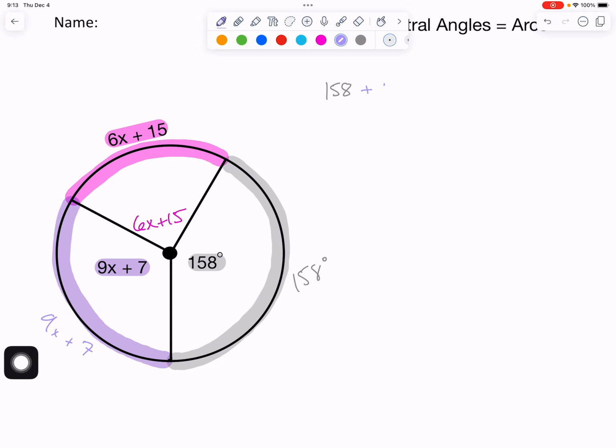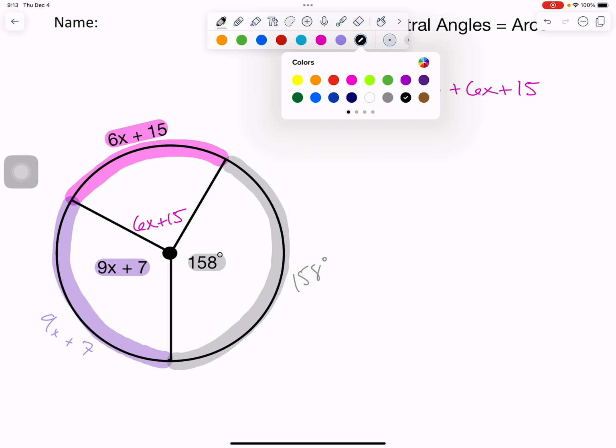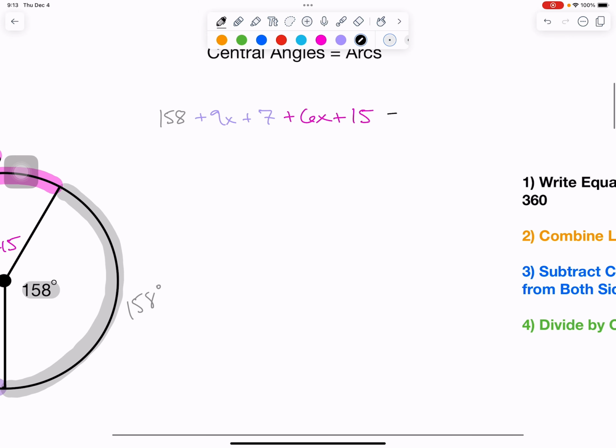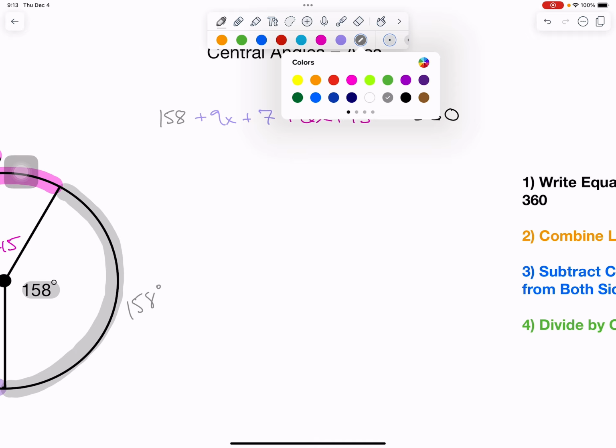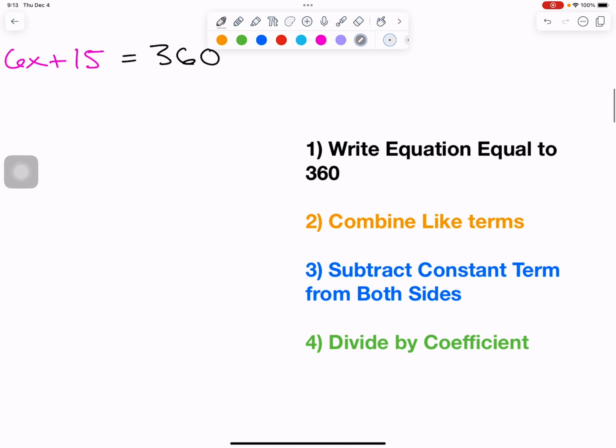So plus 9x plus 7 plus 6x plus 15. And we are going to set that equal to our pizza of 360 degrees.